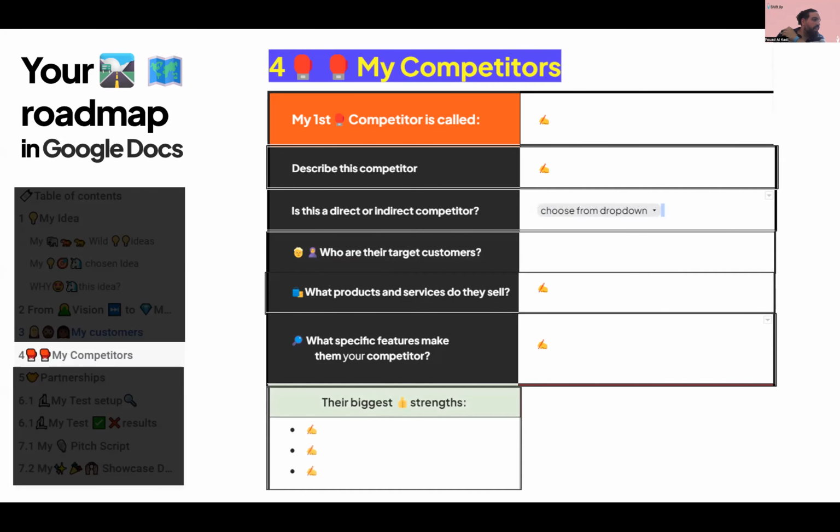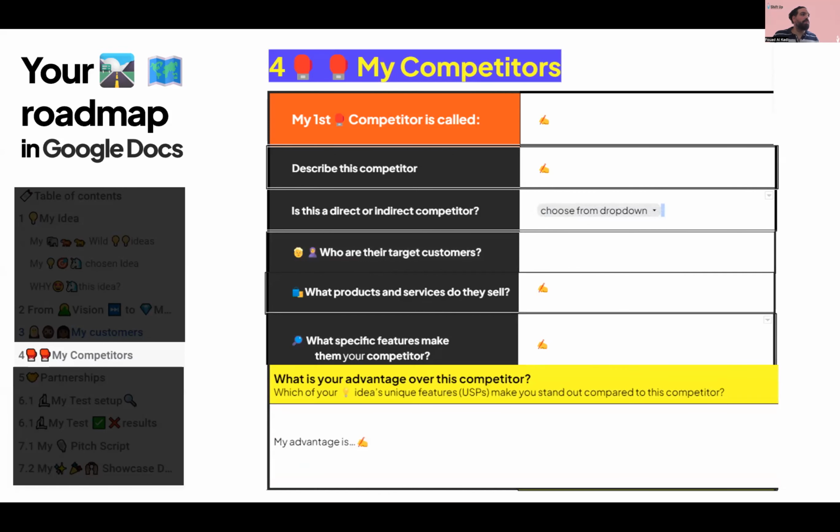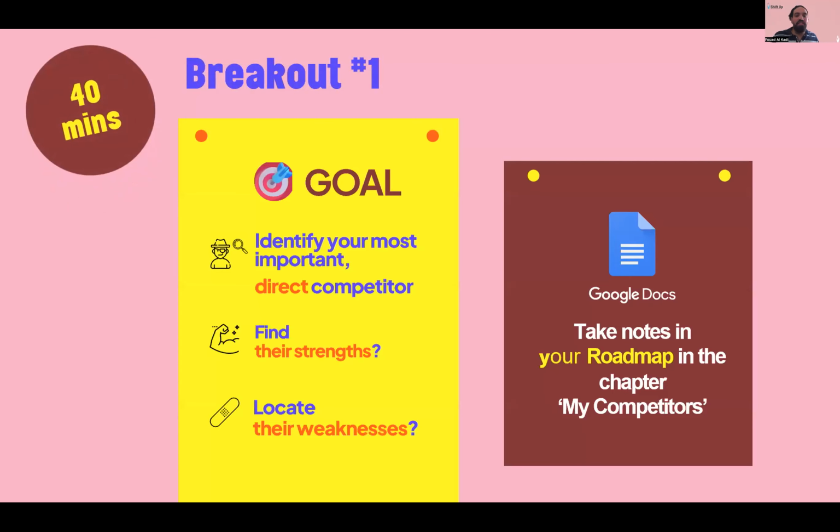Their biggest strengths and their biggest weaknesses. That's what you are going to do now for 40 minutes. So, as we said, 40 minutes: identify your most important direct competitors, find their strengths, and locate their weaknesses.